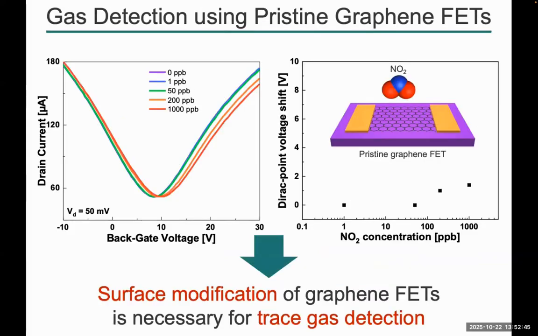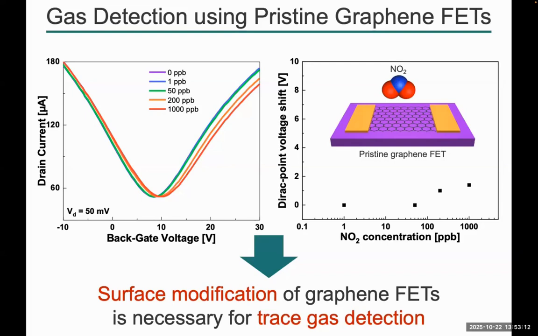This slide shows the gas detection results, especially nitrogen dioxide detection, using pristine graphene FETs. Pristine means there are no receptors on the graphene surface. As you can see, this is the transfer characteristics when nitrogen dioxide was introduced into the graphene FETs from one part per billion to 1,000 parts per billion.